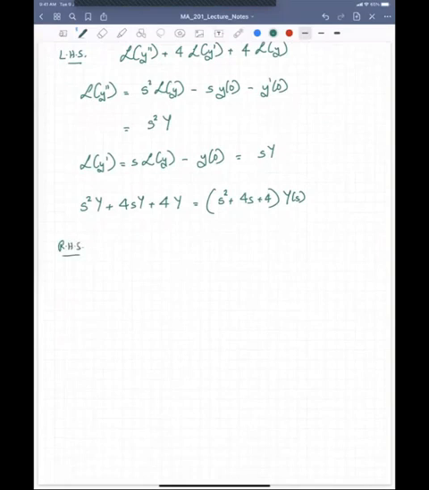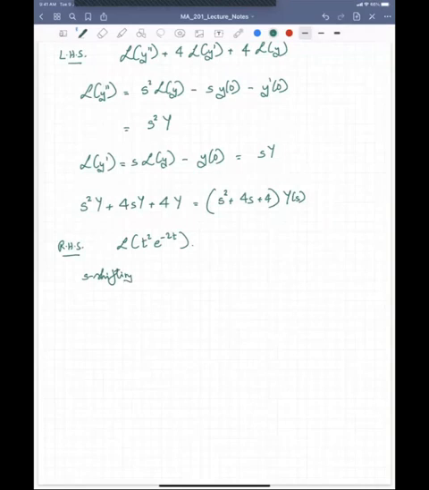Now look at the right-hand side. What is the right-hand side? L of t squared e to the minus 2t. Now, this is where you need a little bit of familiarity with how to calculate Laplace transforms and inverse Laplace transforms. So first, whenever you see a function weighted by e to the minus 2t, you should always remember the s-shifting theorem that we saw yesterday.